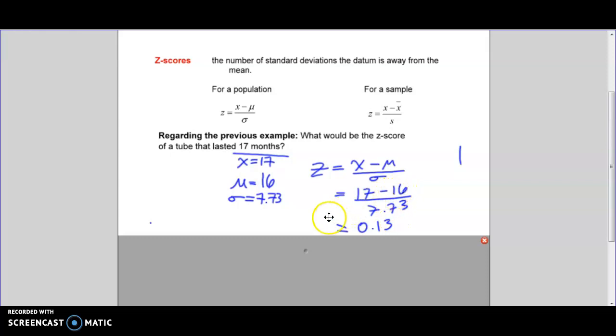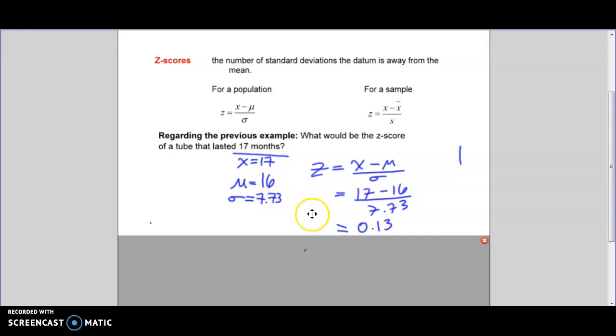So we should be getting a very low number, a number below 1 for sure, because we're so close to the mean. So let's say if the z-score had been 1, that means we're 1 standard deviation from the mean. That means we would have been 7.73, which is the standard deviation, away from the mean. So if we did 16 plus 7.73, which is 23.73, 23.73 would then be 1 standard deviation away from the mean.